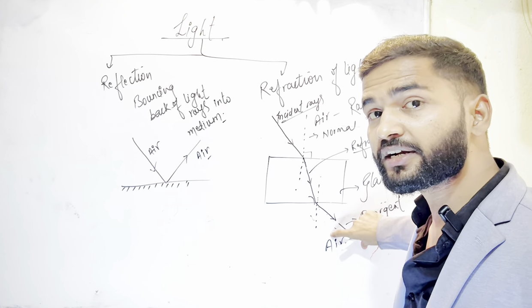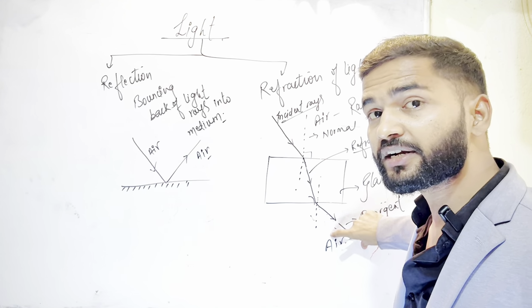This angle is known as angle of emergence, and it is denoted by what? E. So E is the angle of emergence, and you can now define what the angle of emergence is.